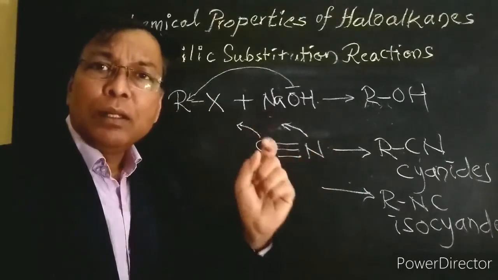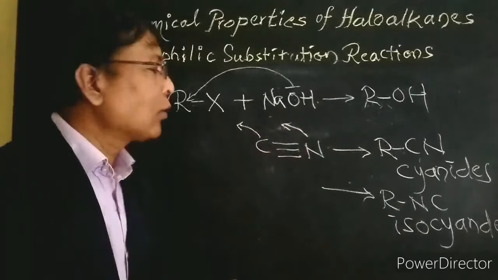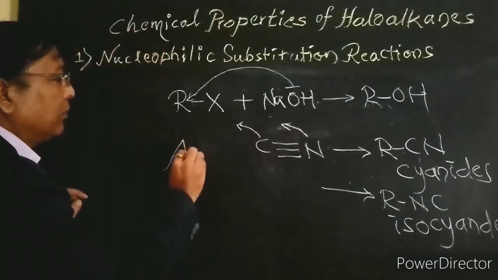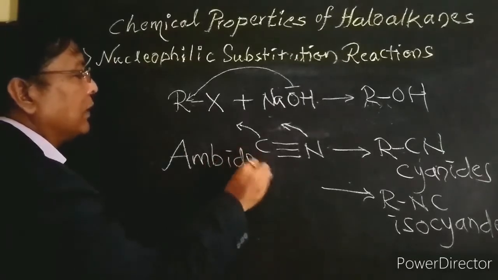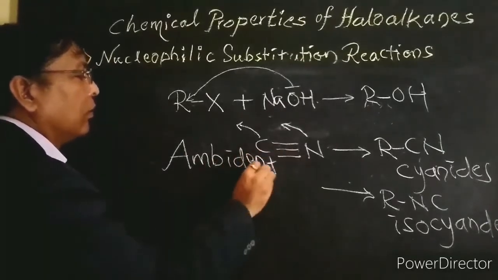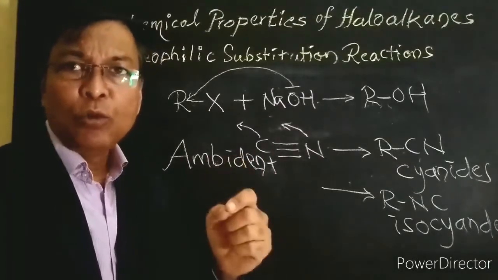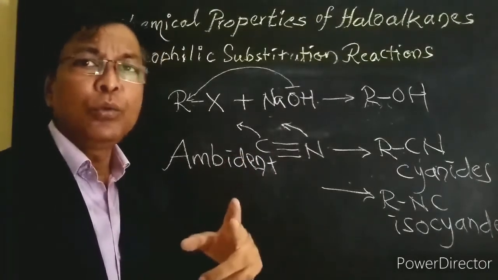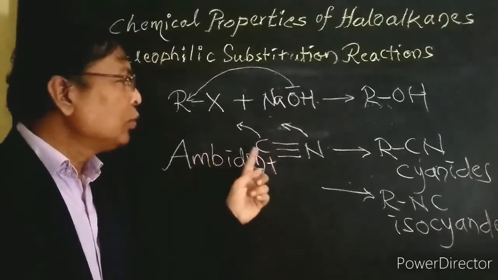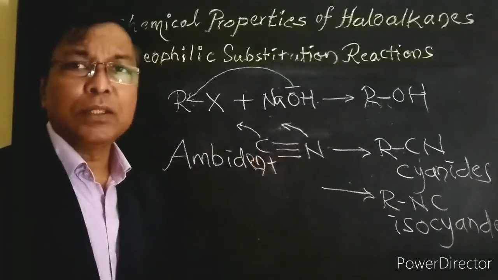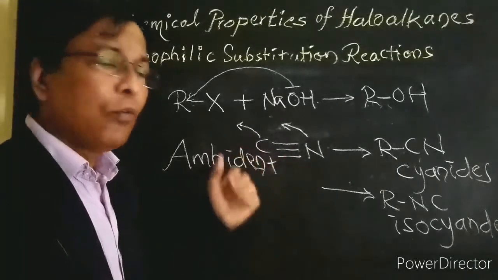Such nucleophiles which have two nucleophilic centers are called ambident nucleophiles. This is most important. What is an ambident nucleophile? The nucleophiles which have two nucleophilic centers, they can form linkage through two different nucleophilic centers. Such nucleophiles are called ambident nucleophiles.